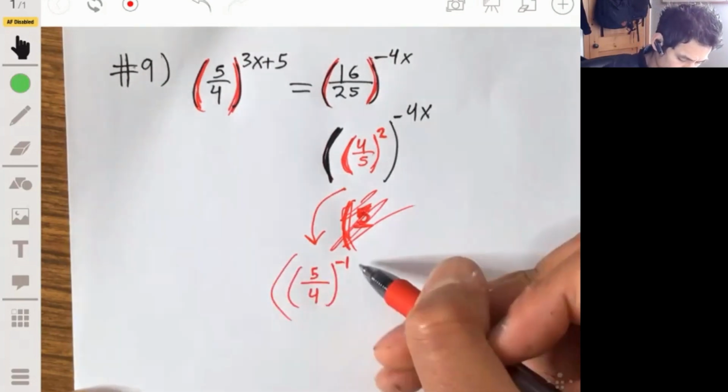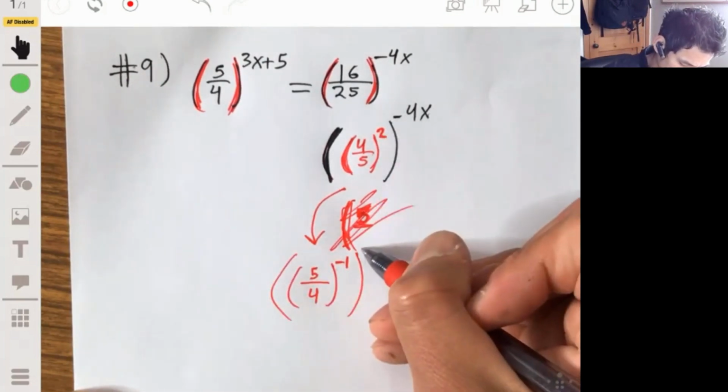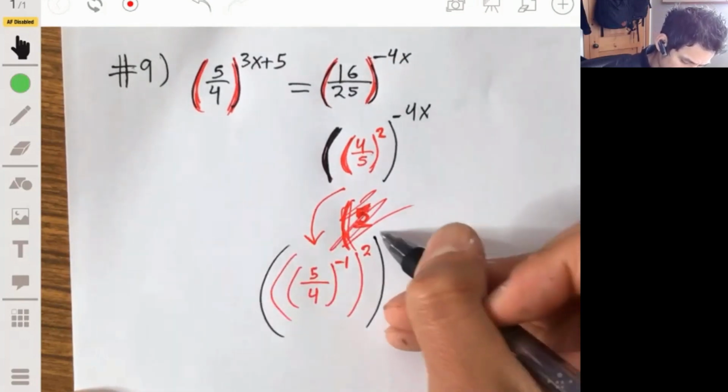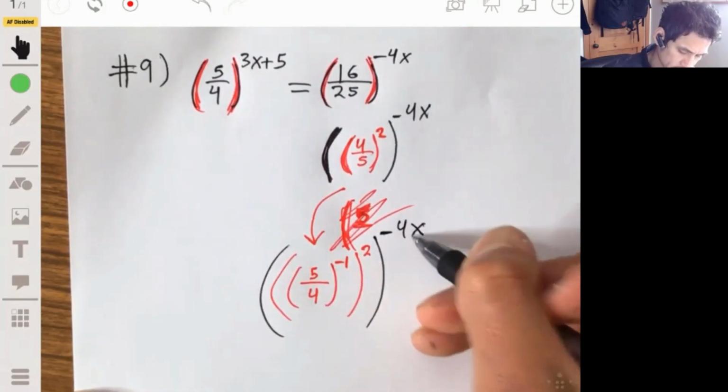Now, all of that is being to the second. And all of that is to the negative 4x.